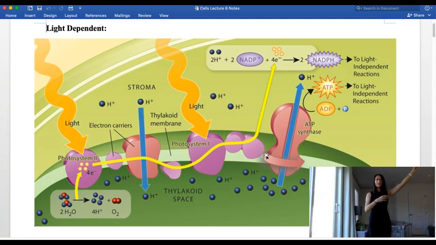Electrons get re-energized, and then the electrons move through a short electron transport chain and combine with NADP plus to make NADPH. Hydrogen moves from the thylakoid space to the stroma and causes the ATP synthase to spin in order to form ATP from ADP and a phosphate group. Now we're forming ATP. This is the entire process, okay?